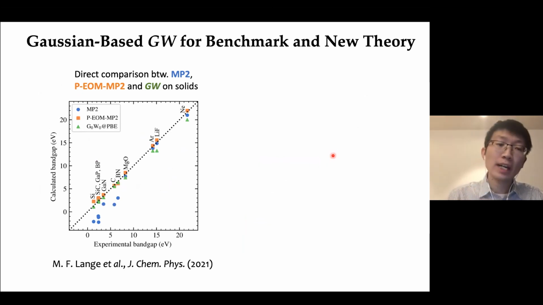For example, in this recent paper published by Tim Berkelbach's group at Columbia and Flatiron Institute, the authors have used our GW code in the same setting, namely same Gaussian basis set and the periodic boundary conditions, to compare against other quantum chemistry methods, MP2 and PEOM MP2, on a few semiconductors. This kind of framework enables us to understand better the performance of their newly developed PEOM MP2 method.